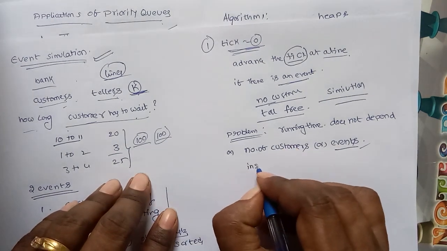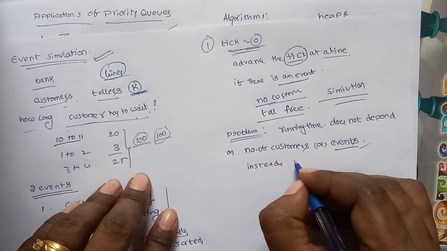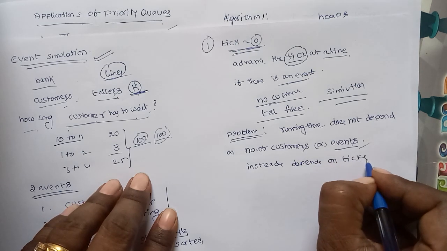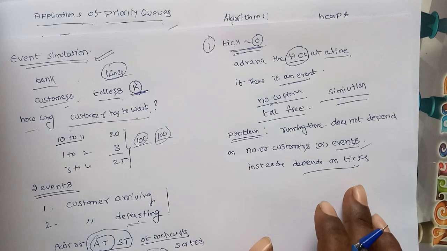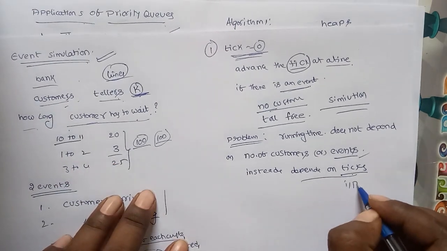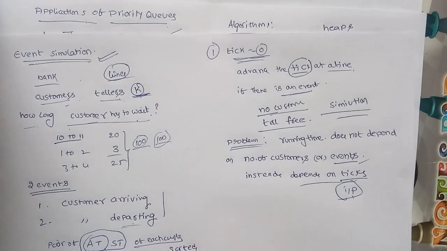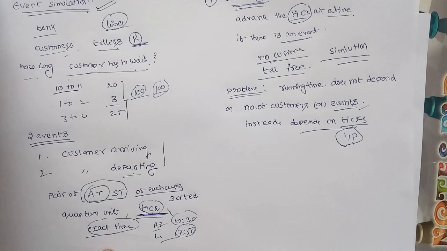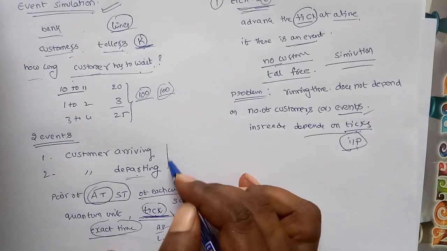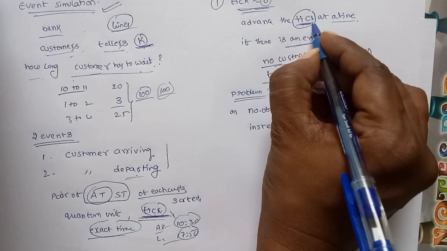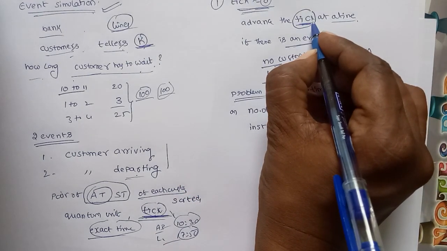Instead, it only depends on ticks. But the tick is not an input. Our simulation has to mainly depend on events, these customer events. But we are incrementing the tick value.